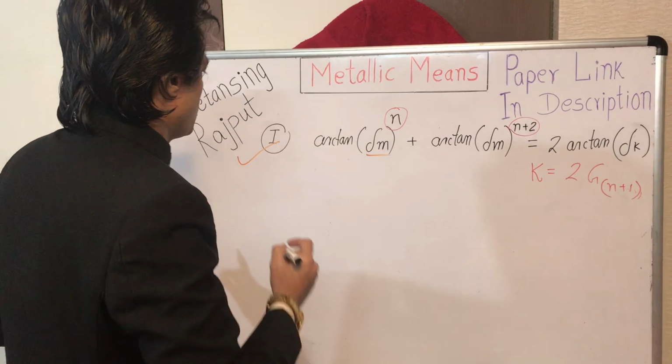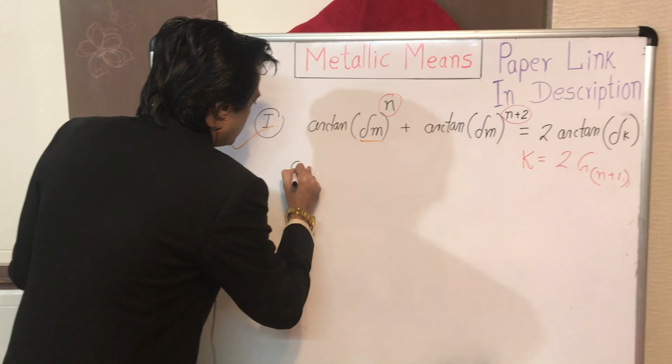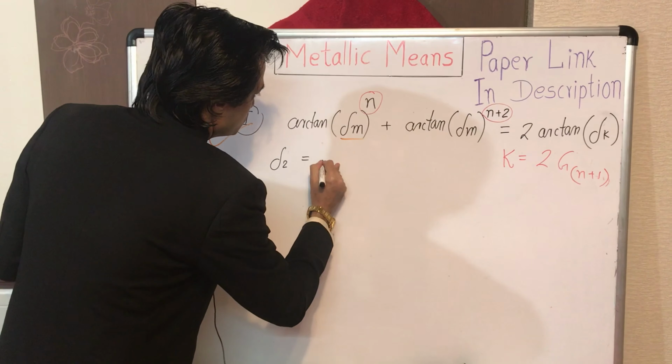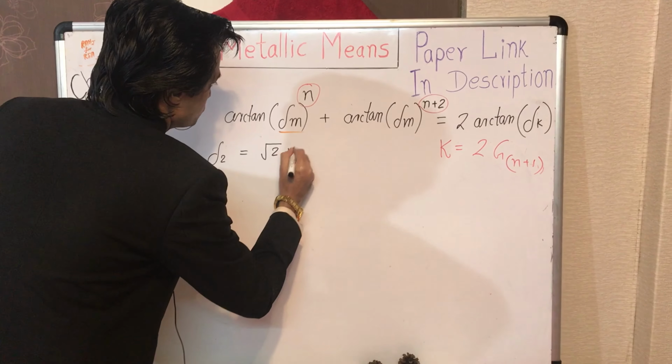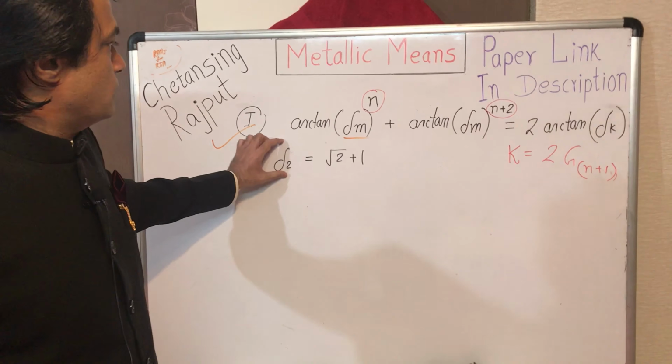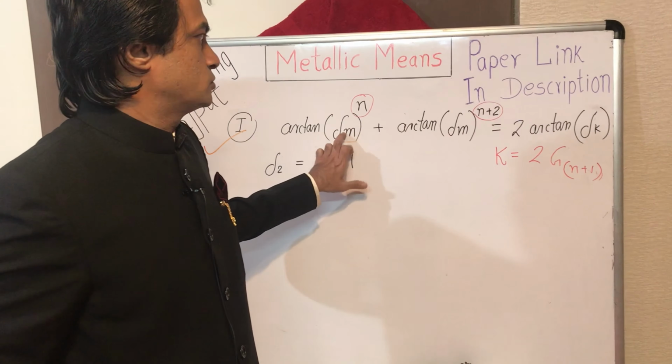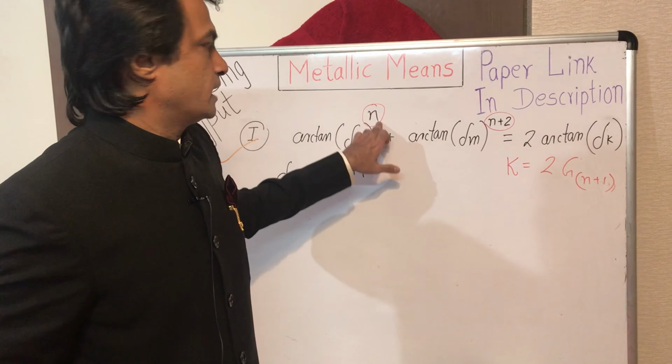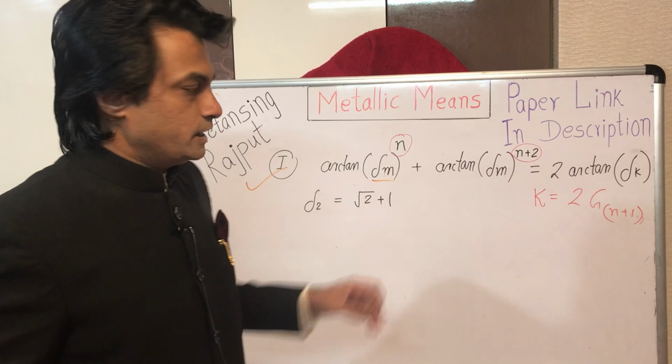The silver ratio is delta 2, which is equal to root 2 plus 1, 2.4142 and so on. Let us put the value of the silver ratio in this formula, and n will be any odd integer.